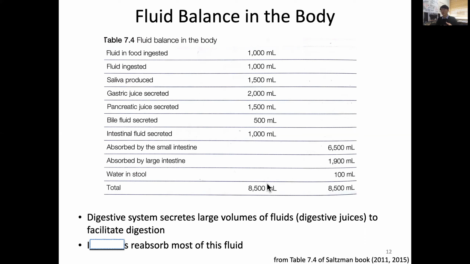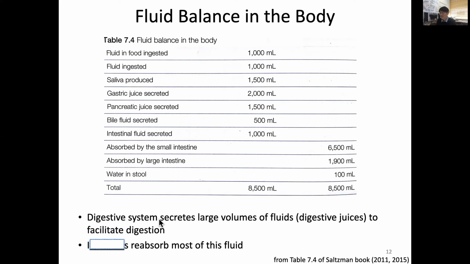While how much do we reabsorb? Let's see. The small intestine absorbs about 6.5 liters a day. The large intestine, almost close to 2 liters a day. And our stool contains water, about 100 milliliters. That adds up to 8.5 liters. So in a nutshell, we have a fluid balance in our body to keep our homeostasis, our steady state.